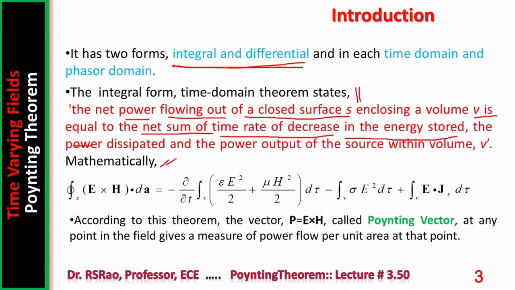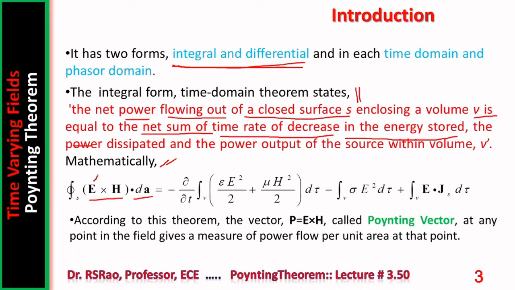Mathematically, it can be stated as closed surface integral E cross H dot dA equals minus dou by dou t volume integral epsilon E square by 2 plus mu H square by 2 d tau, minus volume integral sigma E square d tau, plus volume integral E dot Js d tau.